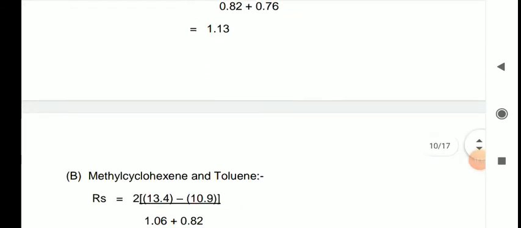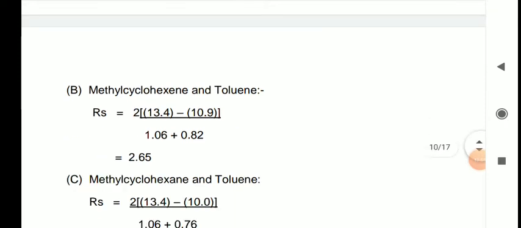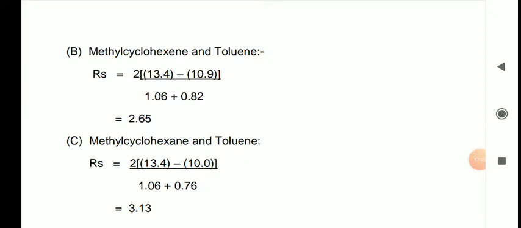For B and C, that is cyclohexene and toluene, we are getting 13.4 minus 10.9 into 2 upon 1.06 plus 0.82. This comes out to be 2.65. And for methyl cyclohexane and toluene, that is A and C, you will get 2 times 13.4 minus 10 upon 1.06 plus 0.76. So this resolution comes to 3.13.